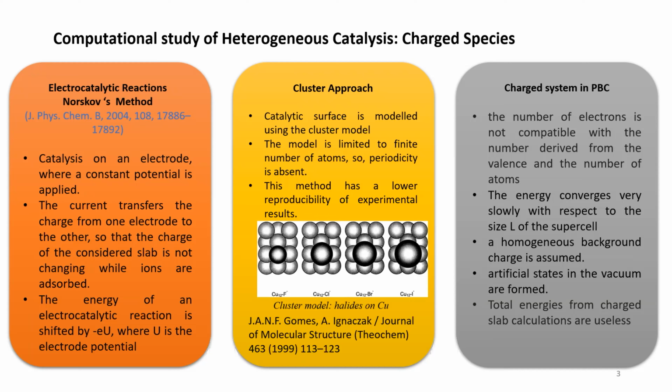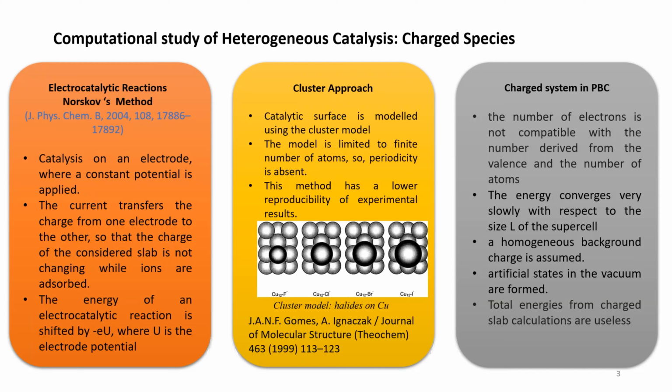And we calculate the energy of the electrocatalytic reaction by shifting the energy by minus eU, where U is the electrode potential. This is the Norskov method.